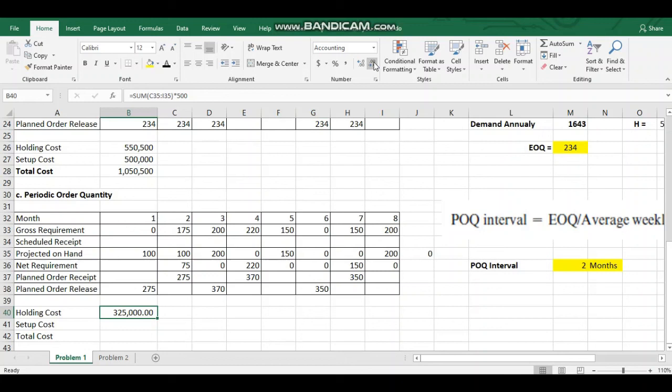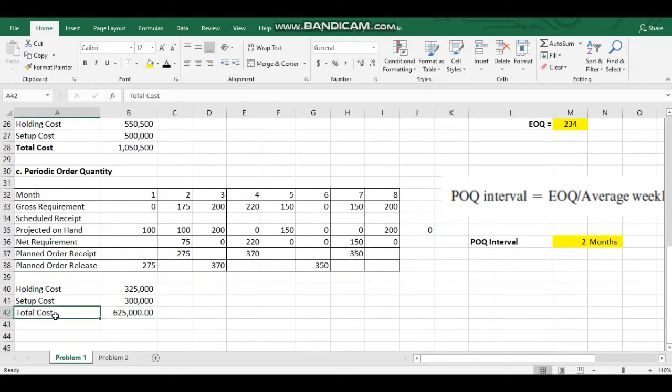This is the holding cost. For the setup cost, you have to find how many times you order, which is 3 times, so 3 times 100,000. If we use this technique, our total cost is 625,000.